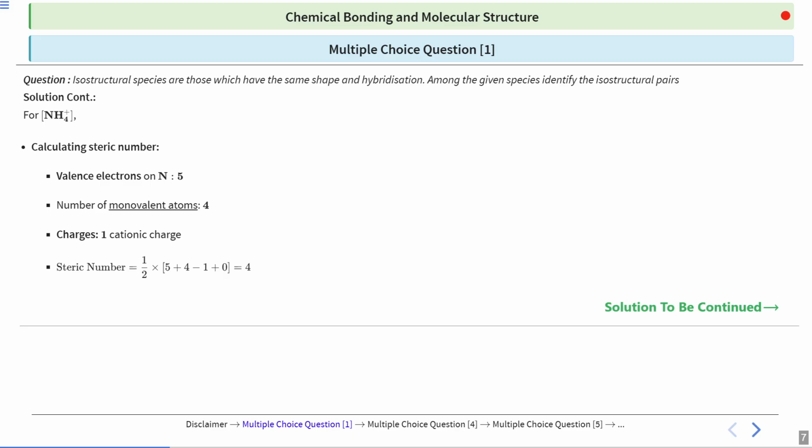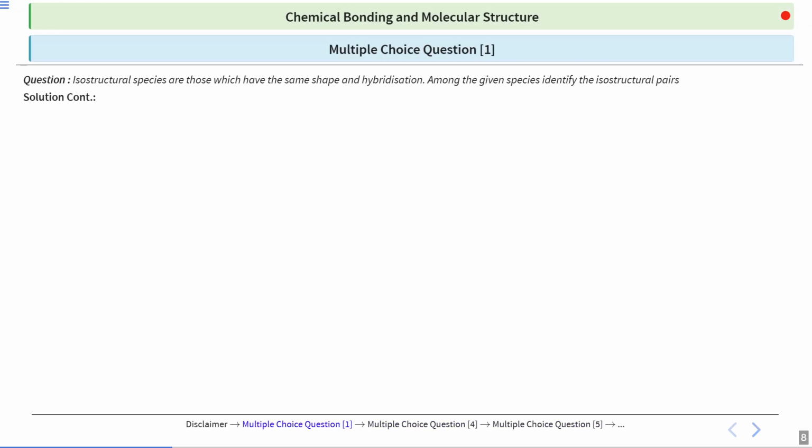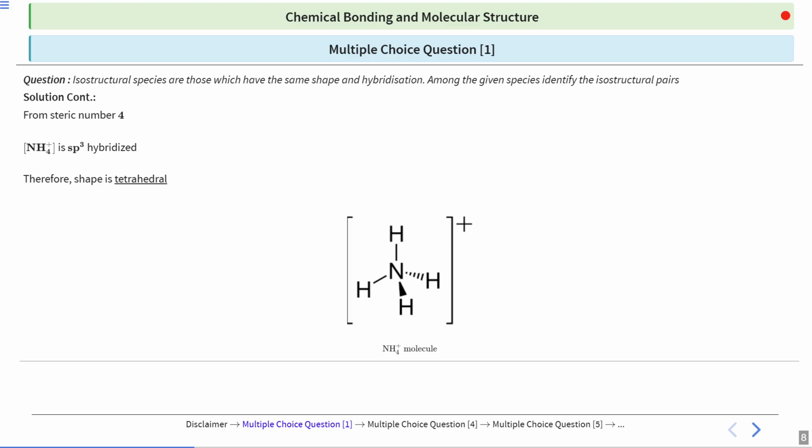Since 4 is the steric number and there is no lone pair on the nitrogen, because all of the electrons are involved in bonding with H, you can try to draw the Lewis structure. I have not shown it again because we have already seen it multiple times. So for steric number 4, the hybridization will again be sp3 and the shape will be tetrahedral. So this will be your NH4 plus molecule.